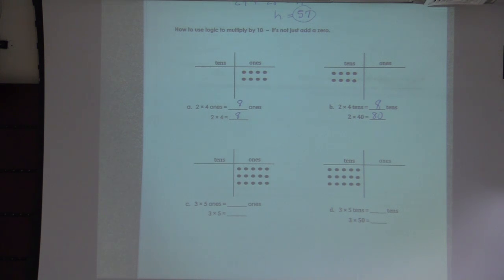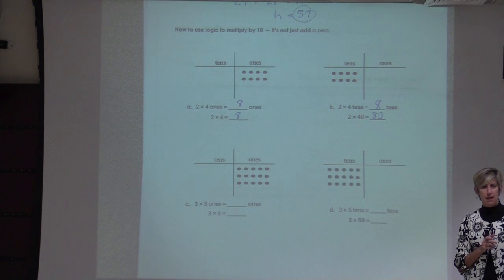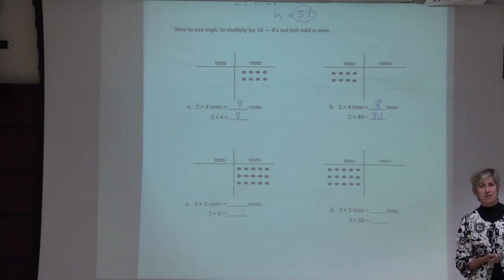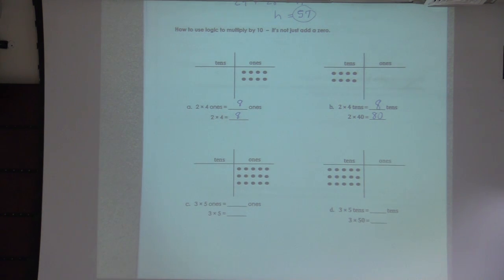Next year they'll go 2 times 400. 2 times 4 hundreds would be 8 hundreds, so you just write 800. So we get away from this idea of memorizing tricks about zeros. And the last two. Actually, I thought that was going to be the breaking up of tens. It's on the next page.